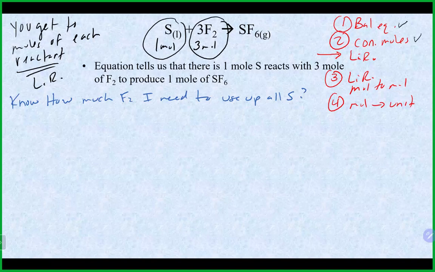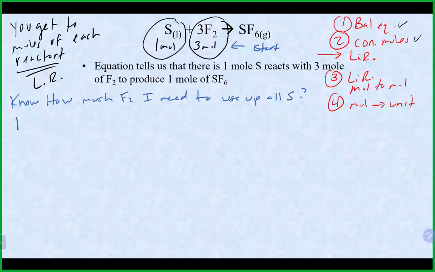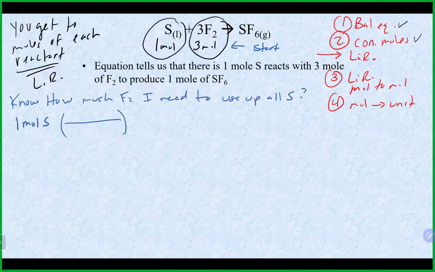You could think of these numbers up here as our starting amounts of each of these guys. That's how many we have. So if I did that, I'm going to go with my 1 mole of sulfur. I am then going to do a mole to mole relationship from the equation between sulfur and fluorine. And from the equation, 1 mole of sulfur gives me 3 moles of fluorine.